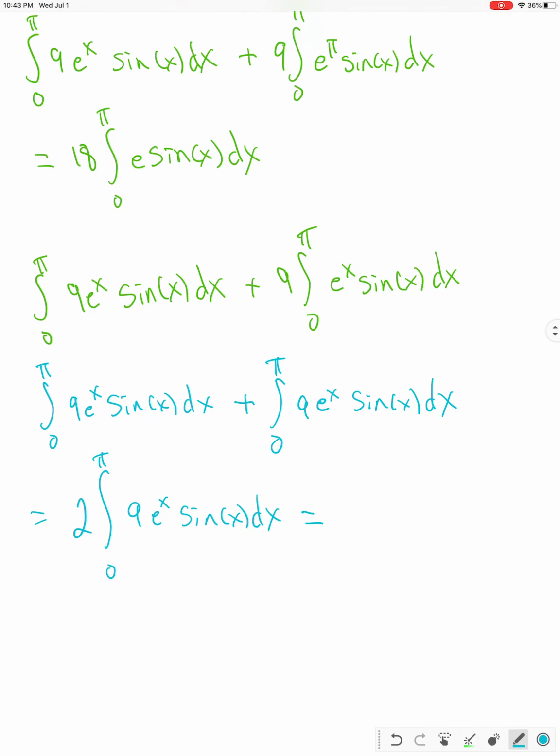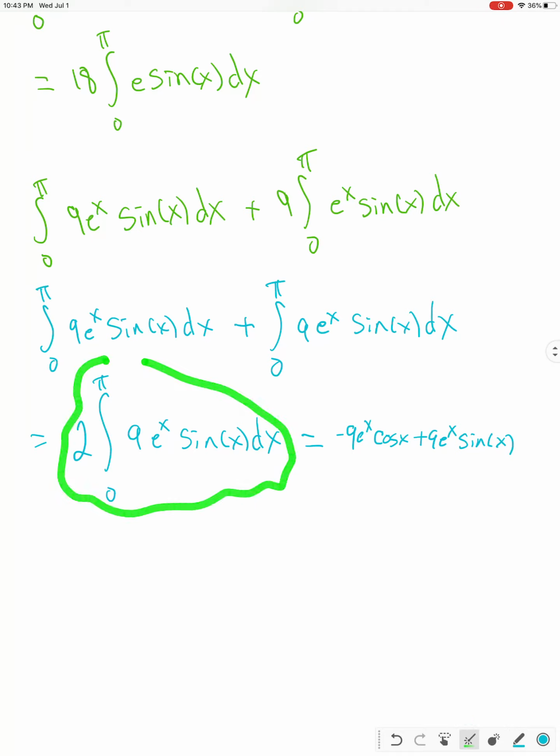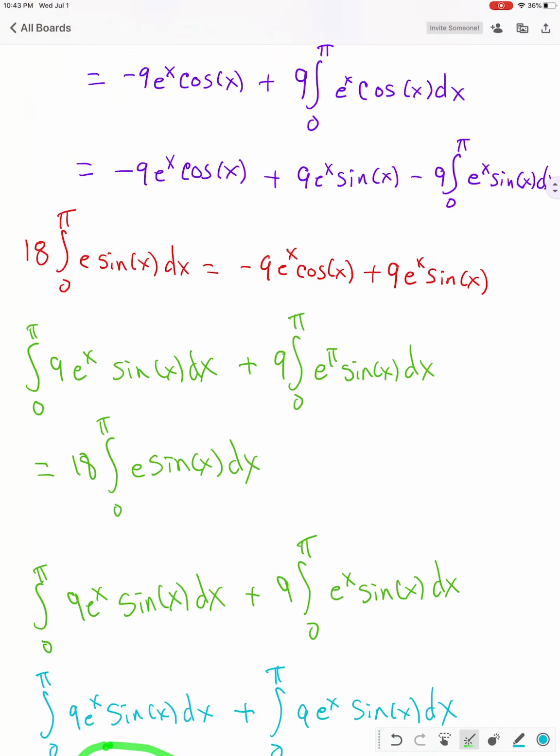So I'm going to copy that down as well. So that's equal to negative 9 e to the x times cosine of x plus 9 e to the x times sine of x. And the issue then, of course, is the fact that we now have this thing on the right, which is similar to what we're trying to solve, but it's not what we're trying to solve.